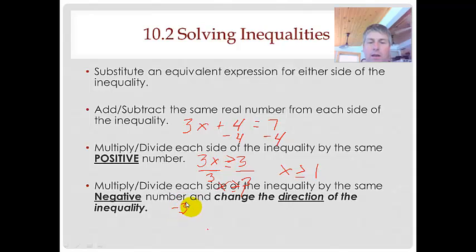If we had negative 3x is less than 6, if we divide by negative 3, we have to change the direction of the inequality and get x is greater than negative 2.